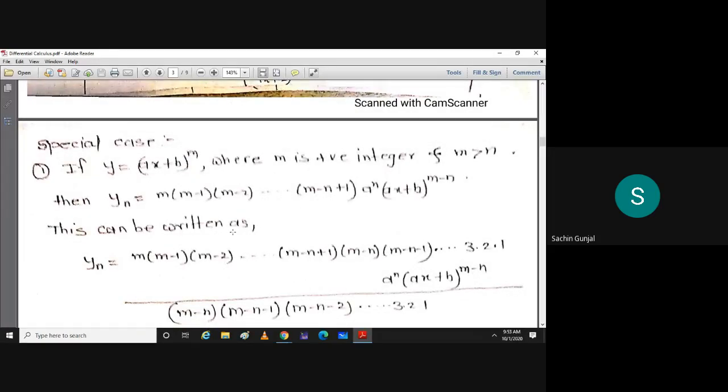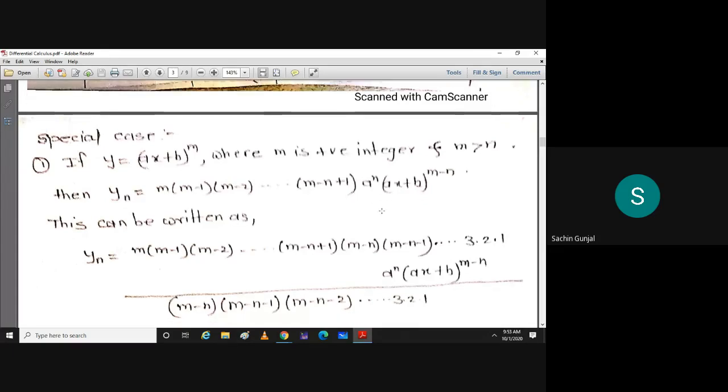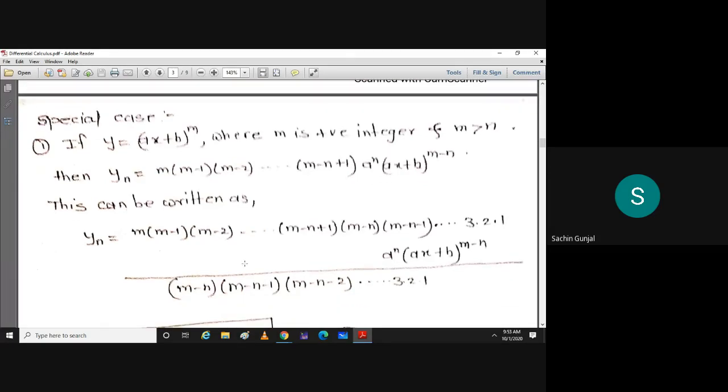So now I want to write this thing in terms of factorial. So I should multiply and divide by some factor. And what is that factor? To understand it, you can consider some particular m. Suppose m is 5, then it is 5, 4, 3, 2, 1.